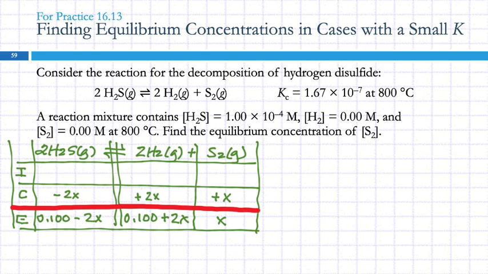So our initial concentrations are different, but the changes are the same. So now H2S starts at 1 times 10 to the minus 4. And H2 and sulfur are both 0.